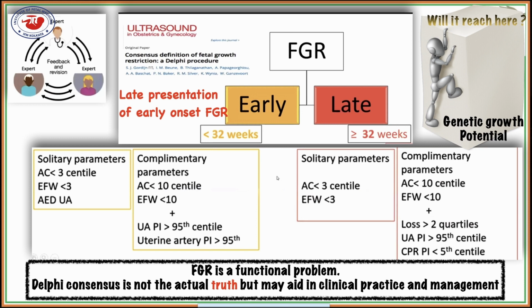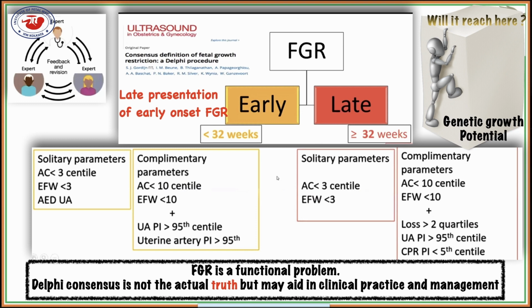Now, this is the slide which Ankur has discussed, and this is the Delphi consensus, which ISUOG and FIGO use, which we have seen in the previous slide. Now, early onset, less than 32 weeks, these are the solitary parameters, and these are the complementary parameters, where you will use AC and estimated fetal weight, but apart from that, there is a Doppler, umbilical artery, and uterine artery.